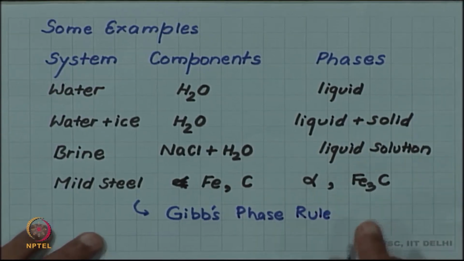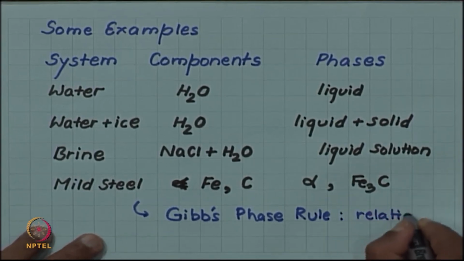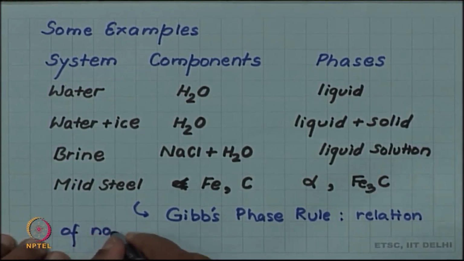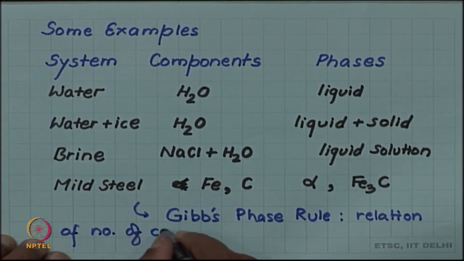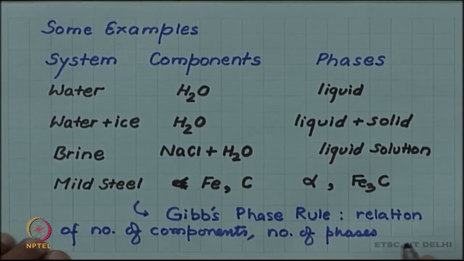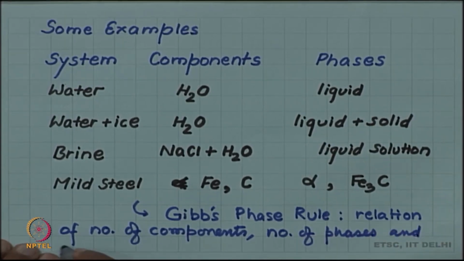Gibbs phase rule, relation of number of components, number of phases and something called degrees of freedom.